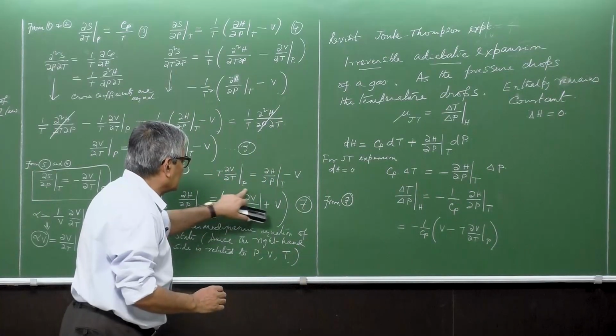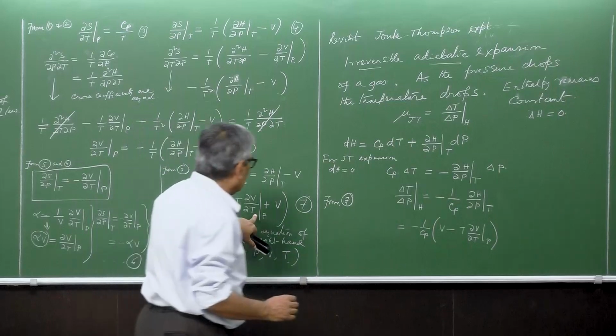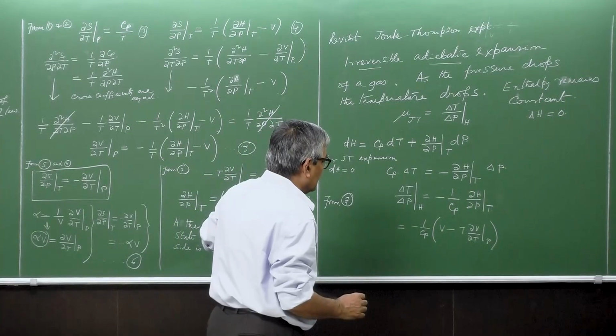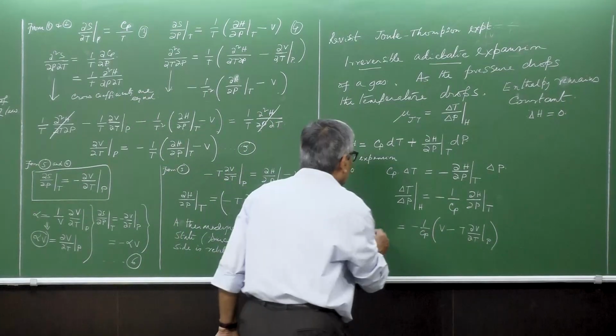So V minus T into (∂V/∂T) at constant pressure. So this is a simple relation for mu.